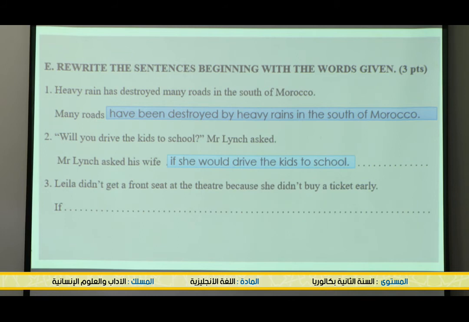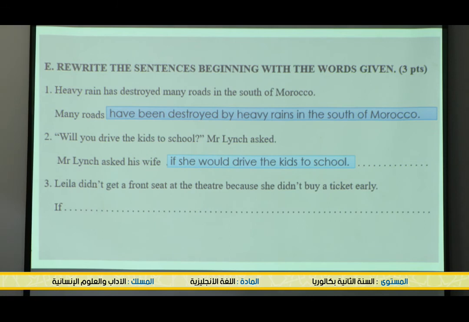Now let's move on to the next sentence. Number 3, Layla didn't get a front seat at the theatre because she didn't buy a ticket early. And the sentence begins with if.